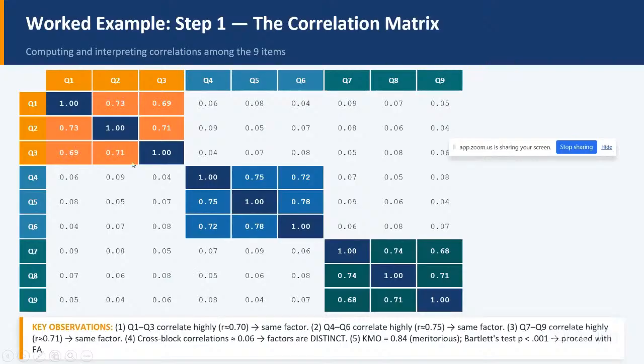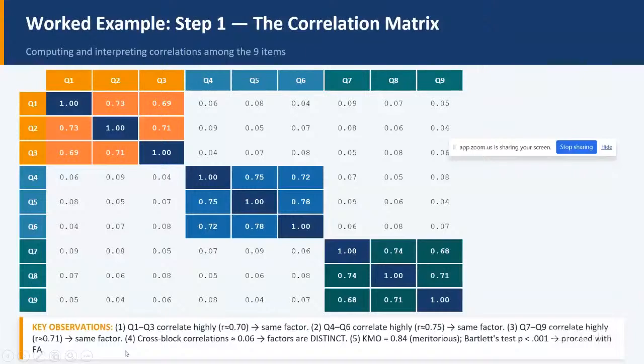Because they are highly correlated. So these can be under the same factor. For questions 4 to 6, these are moderate. Also, these are very good, like these are greater than 0.50. So these can also be of the same factor. And for each of the 9, you can see the square.